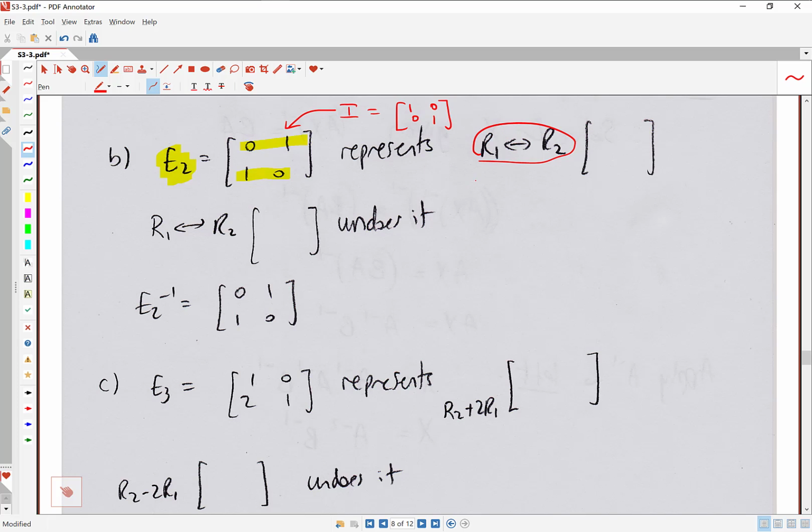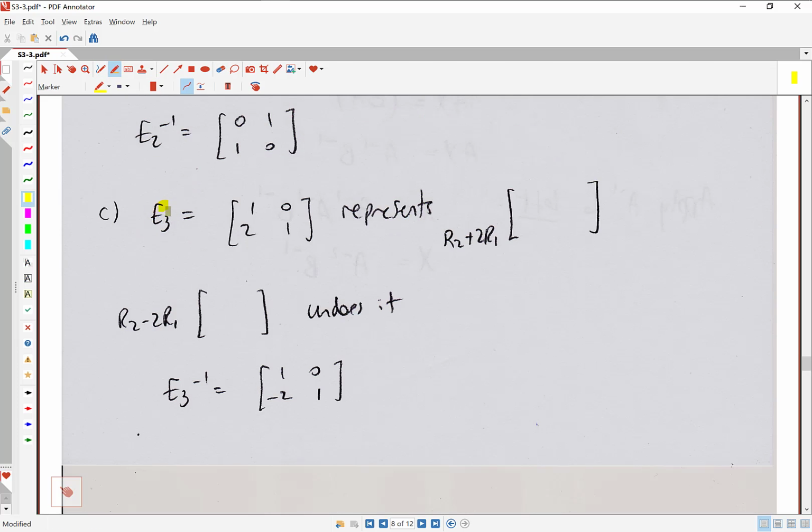Okay, and then we could ask, what row operation undoes a row swap? Well, if you want to undo a row swap, you would just swap those same rows back again. So row 1 swapped with row 2 undoes that operation. Okay, and then E2 inverse is the elementary matrix that encodes undoing that row operation. It's 0, 1, 1, 0.